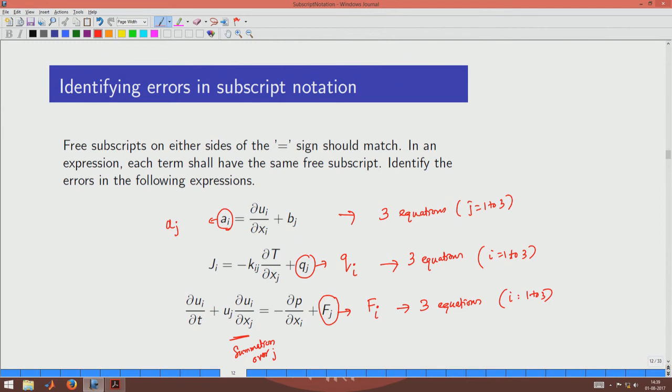So, instead of writing 3 different equations where the second term on the left hand side has a summation, we have written a very concise form by using the subscript notation, and then 3 equations are written with just one equation where the index is kept to be free. In this case, it is i is the free index. So, this is, I would say, the power of subscript notation in being able to write a lot of things in a very succinct form.